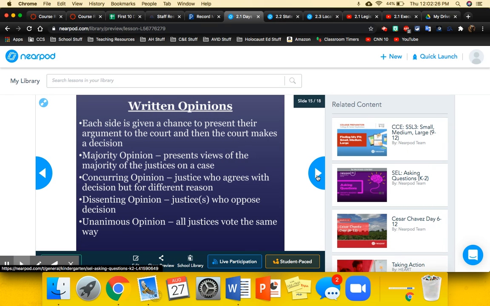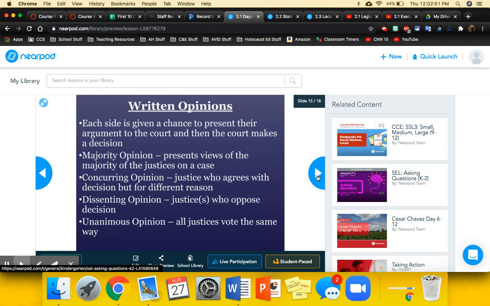So majority opinion, that would be a unanimous opinion, actually. Concurring opinion is another justice who agrees with the decision, but maybe they agree with the decision for a different reason. A dissenting opinion is a justice or justices, it can be multiple justices, who oppose the decision. And then a unanimous opinion is if all justices vote the same way.